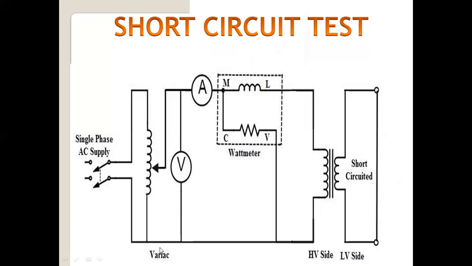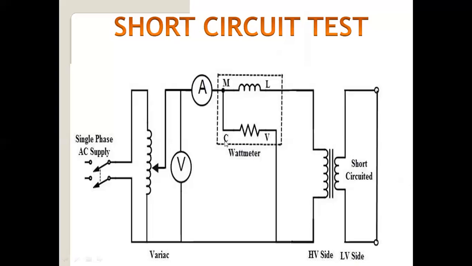With the help of an auto transformer or a variac, a single phase AC supply is provided on the high voltage winding, where an ammeter is connected in series in order to measure the current flowing through the circuit, a voltmeter is connected in parallel with the winding in order to measure the voltage, and a wattmeter is connected in order to find the power of this circuit, that is the total copper loss of the transformer, measured by the wattmeter.